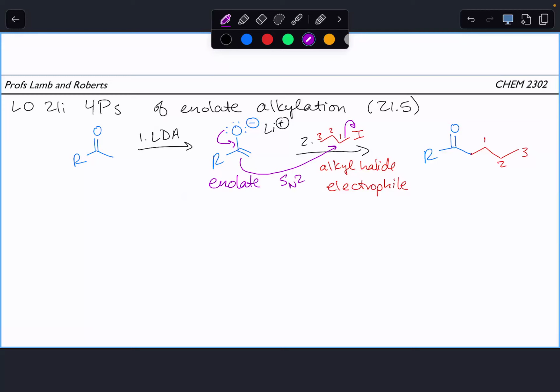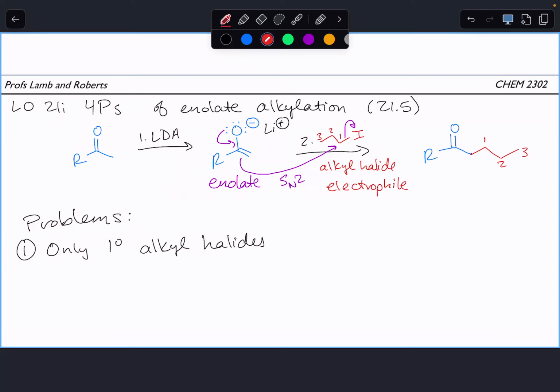I'll walk through the mechanism in a bit, but this last step is just an SN2 reaction, just like every other SN2 reaction we have learned previously. But before I get there, this is actually not the way we normally do this. You can do it, but if you just have a single ketone, there are some problems. So let's talk through the problems. First of all, if using a single carbonyl enolate, you can only use primary alkyl halides.